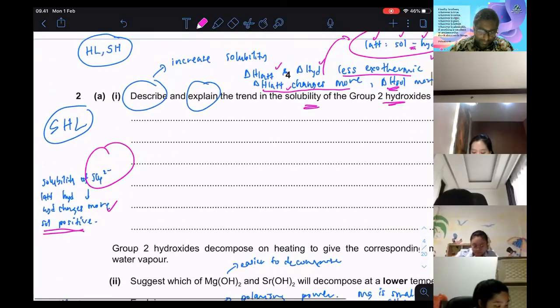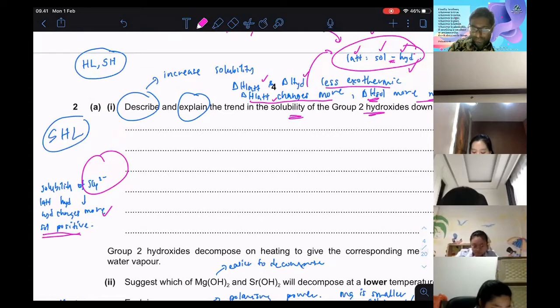So this is something that you need to remember. I was thinking how to actually remember it. If you're talking about hydroxide, then I can remember lattice changes more. If you're talking about sulfates, then I know that hydration changes more. Is there a way to make it simpler?